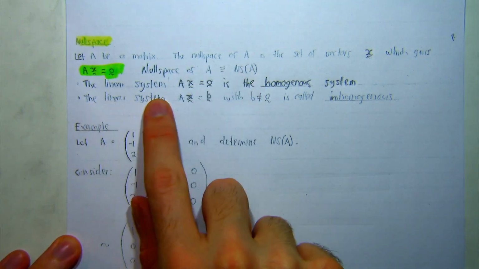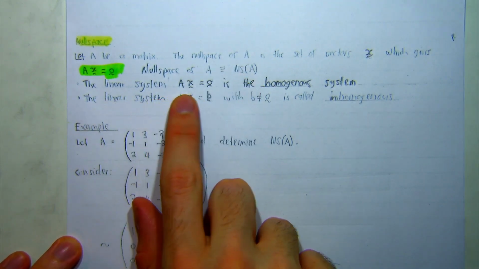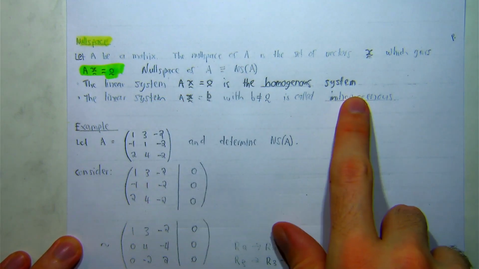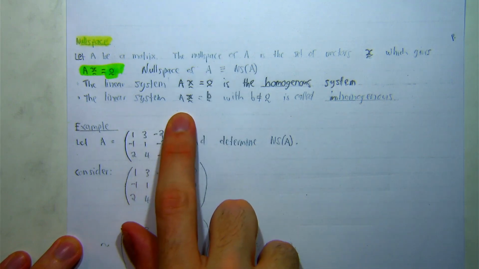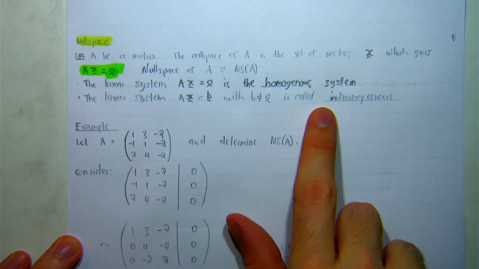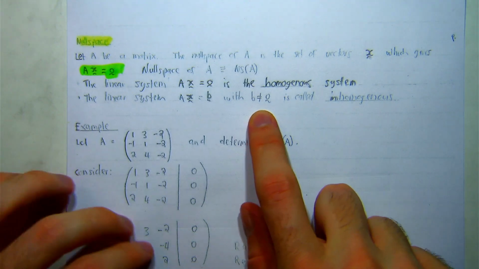Okay, and the linear system A x equal to 0 is the homogeneous system, and then the linear system AX equal to B is the inhomogeneous system when B is not 0.